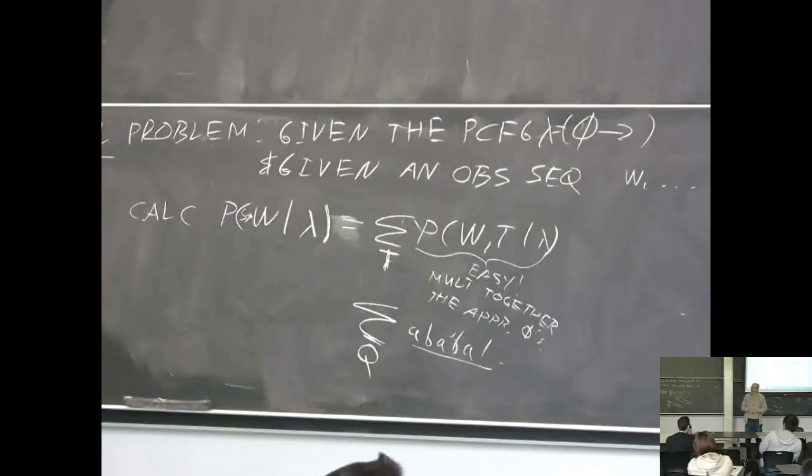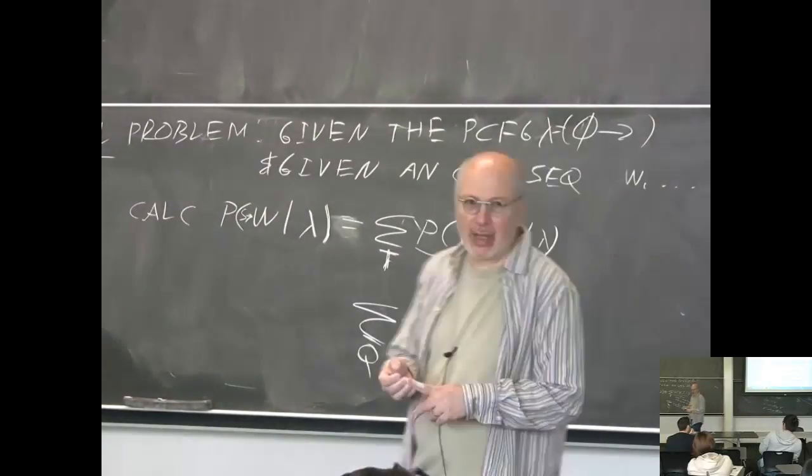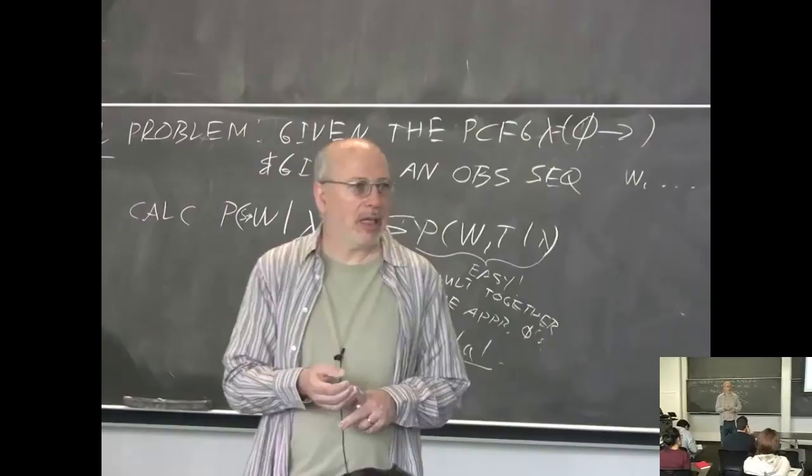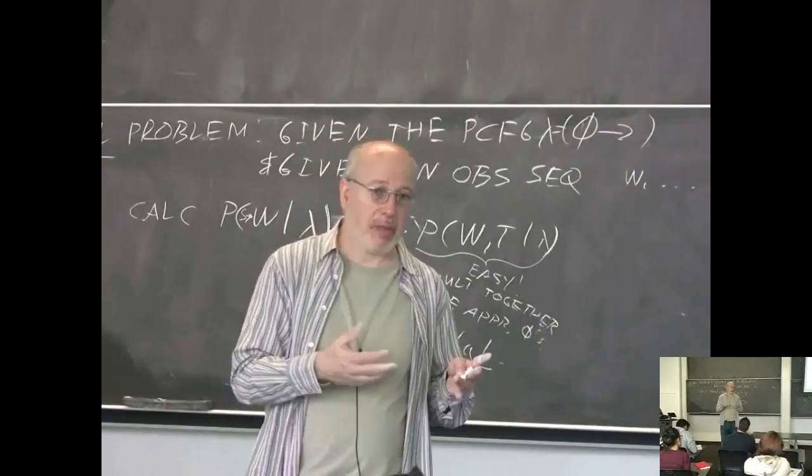So all this was based on being given the model: the 2 relatively easy problems, the evaluation problem and the decoding problem. Now comes the hard problem, which is the training problem. In the HMM, there were 2 parts: the structure and the parameters.